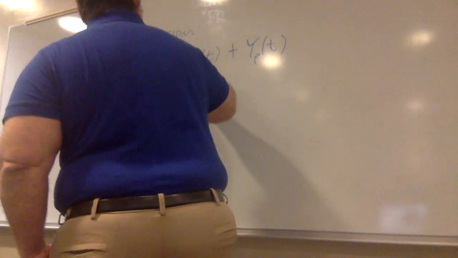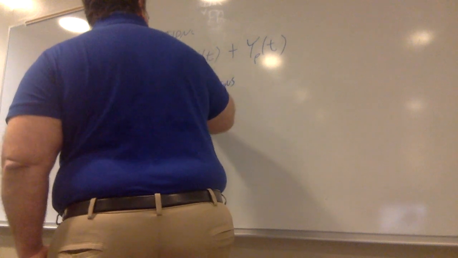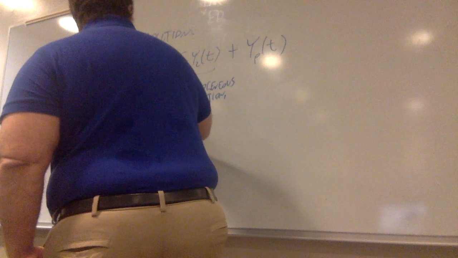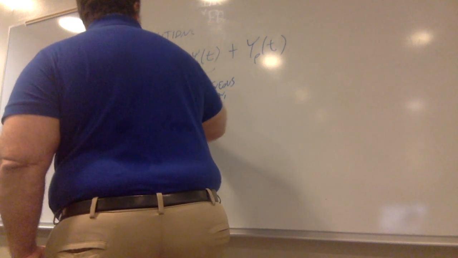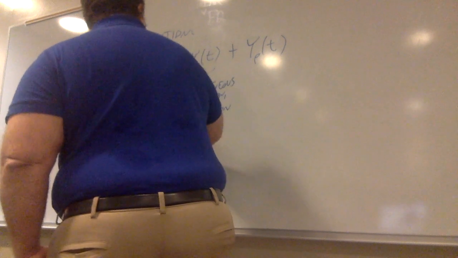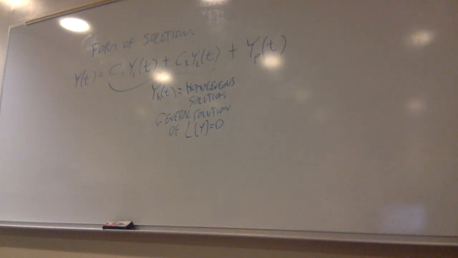So yh is called the homogeneous solution, and it is the general solution of the homogeneous problem, Ly is equal to 0. So what do you get just from setting the right side g equal to 0?